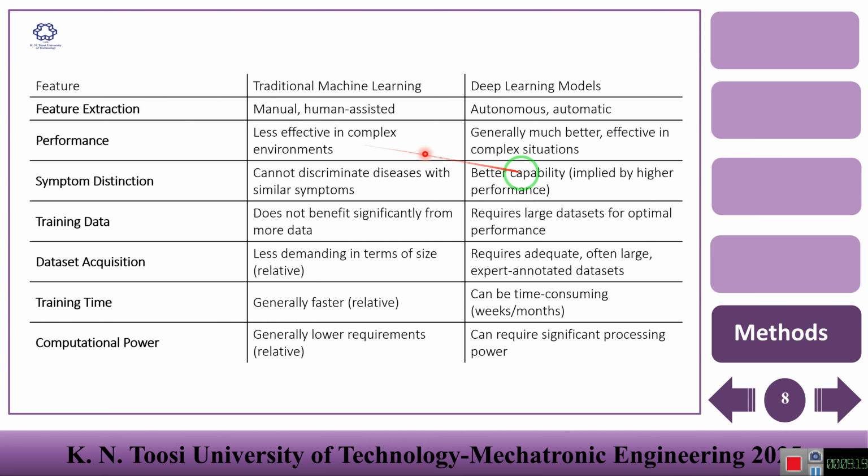There are some comparisons being made in this table. For example, for machine learning, our training time is faster, while in deep learning it is more time consuming because of the neural networks and the neurons being used, which will have some calculation costs for us.